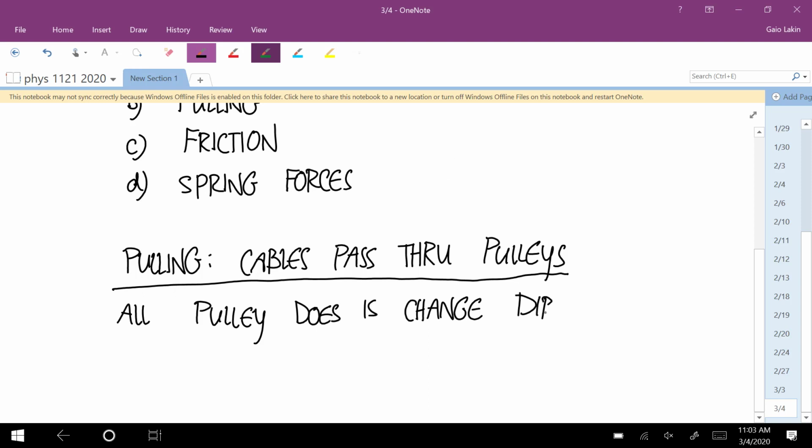So it changes the direction of the force the cable applies.